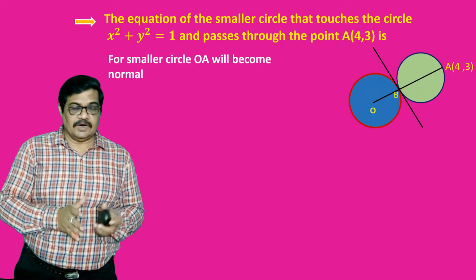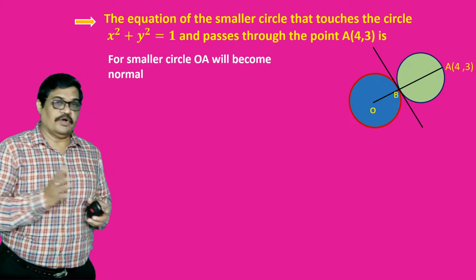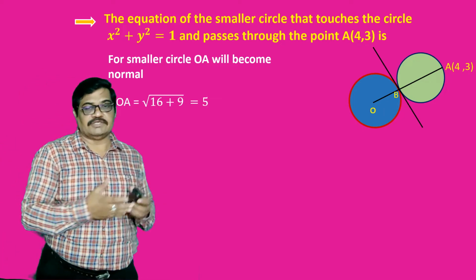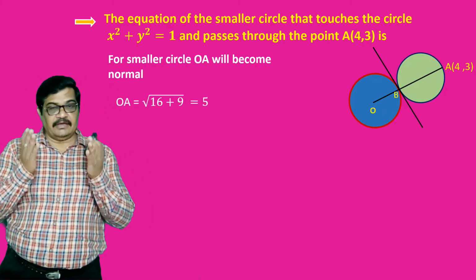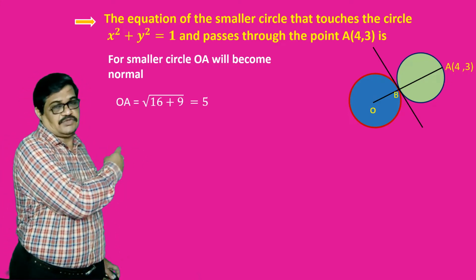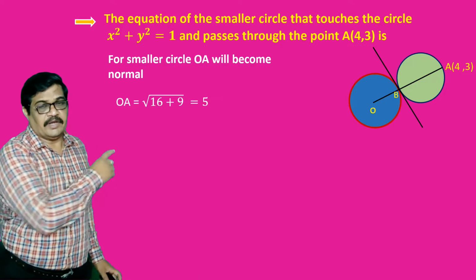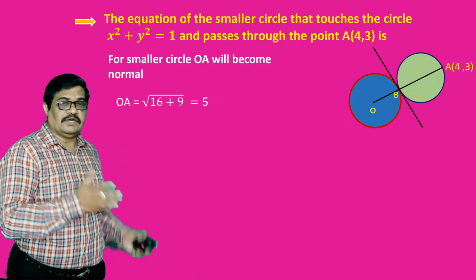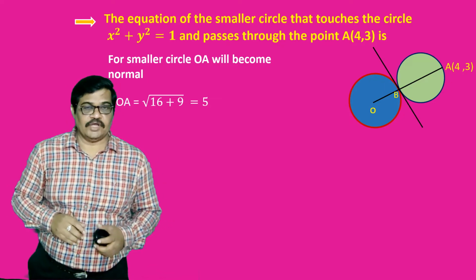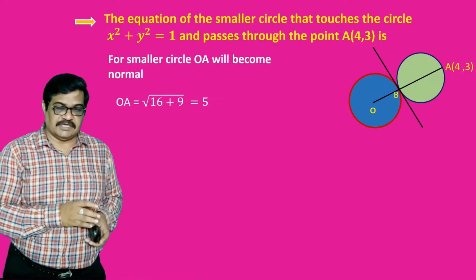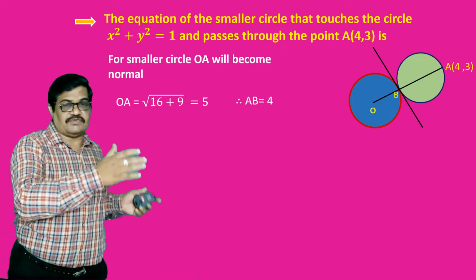Now we have to find the OA distance. We know that O is the origin (0, 0) and A is (4, 3). Using the distance formula we get √(16 + 9) = √25 = 5. So the OA distance is 5.